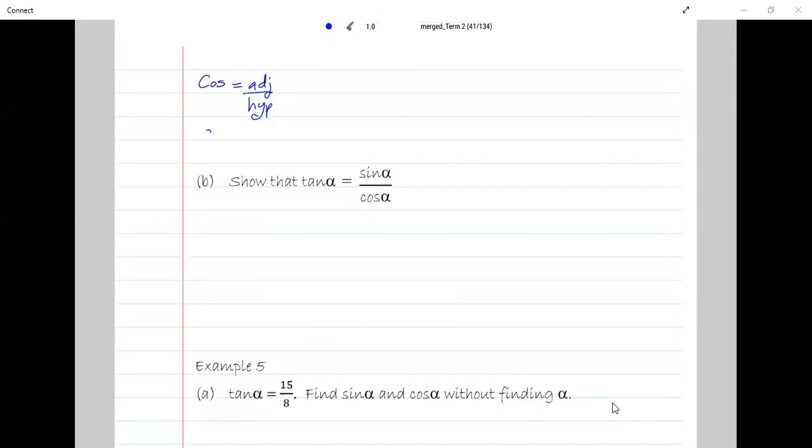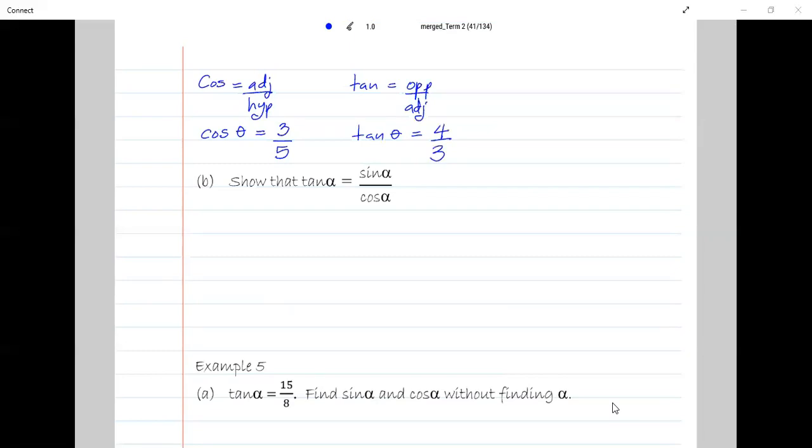And so the cosine of theta is adjacent 3 over hypotenuse 5. Lastly, tangent is opposite over adjacent. And so the tangent of theta is opposite 4 over adjacent 3.